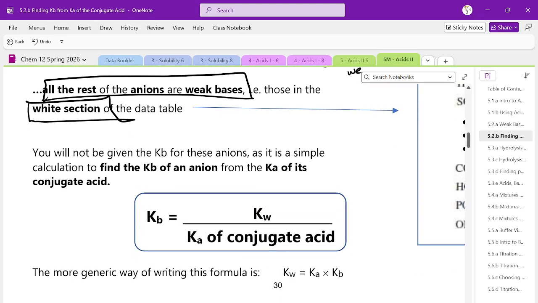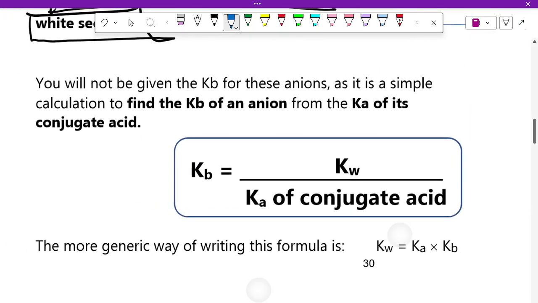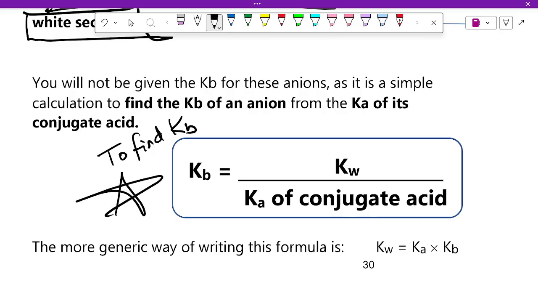You will not be given the Kb for these anions. You might be, but it seems unlikely because you can calculate it. To find the Kb, this is a new formula. Kb is equal to Kw over Ka of the conjugate acid.